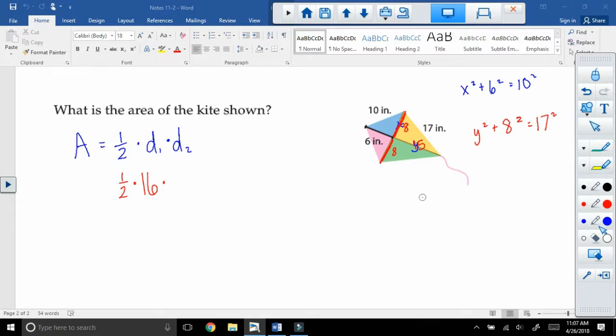If you don't recognize those, you can always go through the Pythagorean theorem. So how long is that other diagonal? 21. So I have half of 16 times 21. The area of that kite would be 168, and that's square inches.